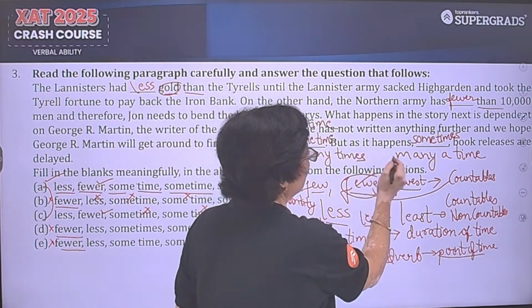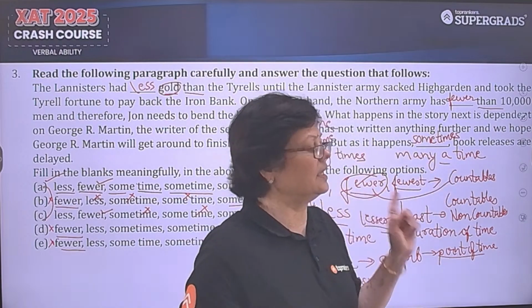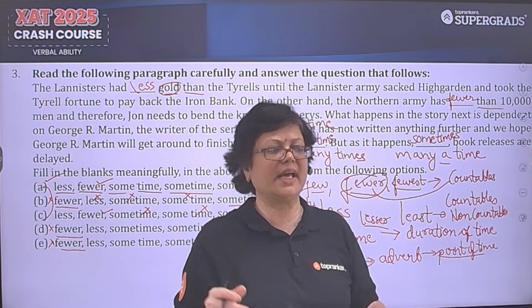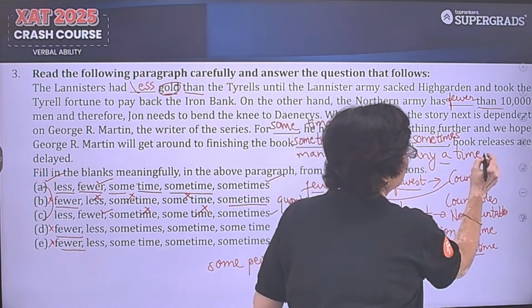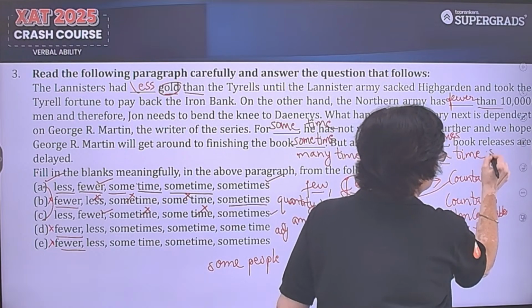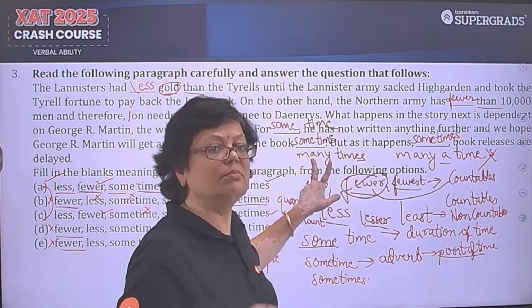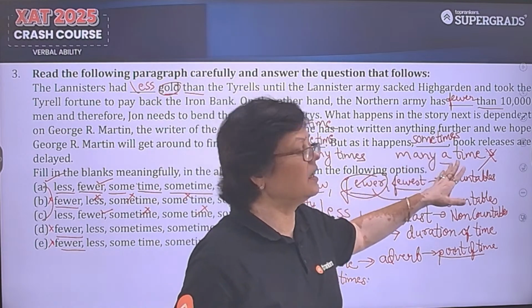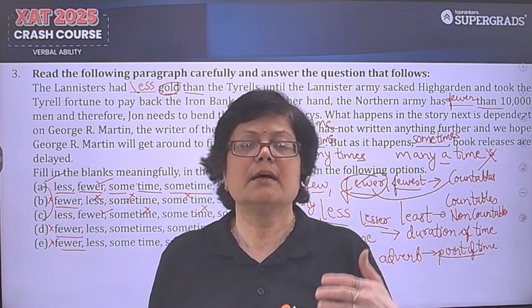But what happens here is many, and then what we do, we write here a. A is indicative of singular. A boy, a pen, a girl, okay, a wall clock. And here what happened, that happens then we skip the S part from here. So many a time is equivalent to many times. Many a friend, many a child, many a man.